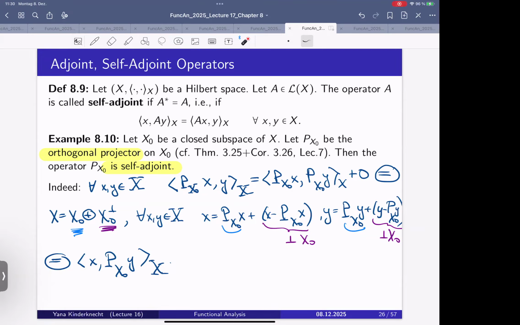Is it clear? Yeah, it's very clear. Perfect. So we have a very nice example of a self-adjoint operator in an infinite dimensional Hilbert space: orthogonal projectors.